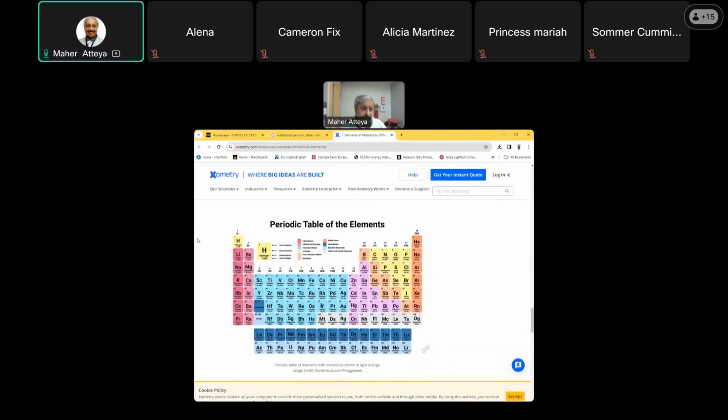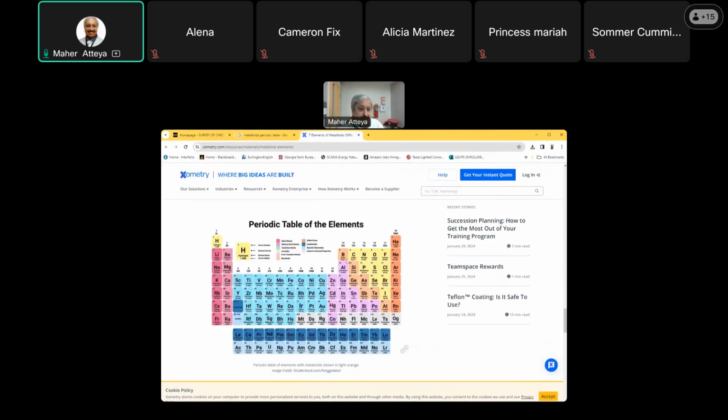The periodic table here does not show the metalloids. Those are the light orange color. Start with boron. Can you see the stairs?